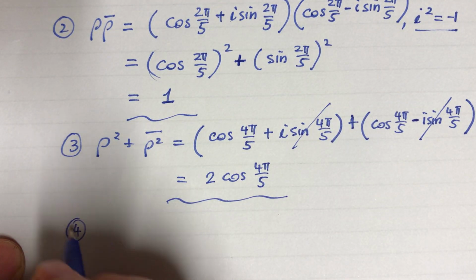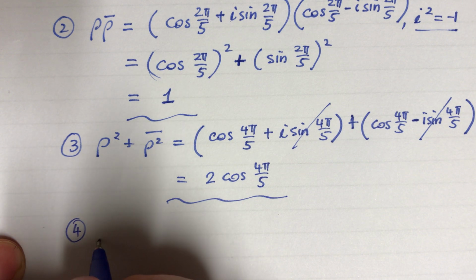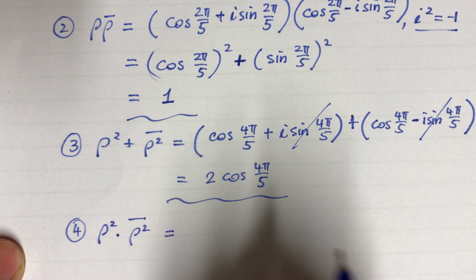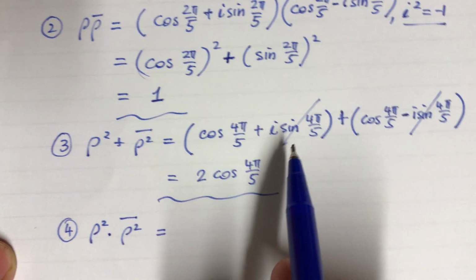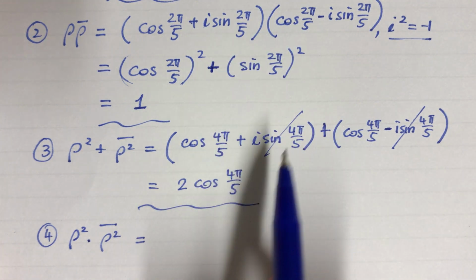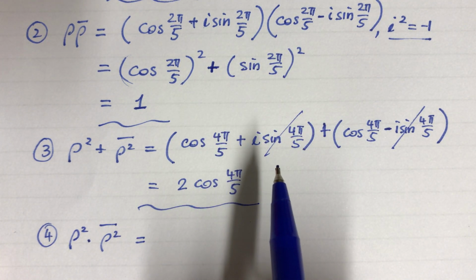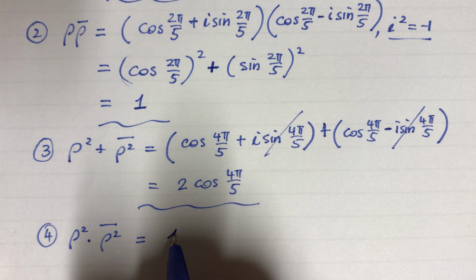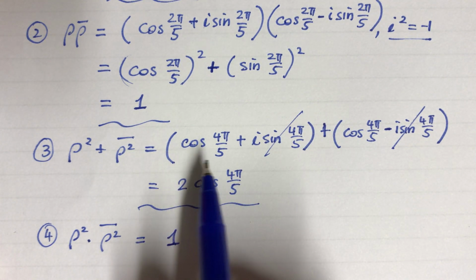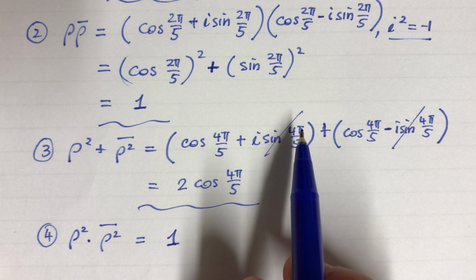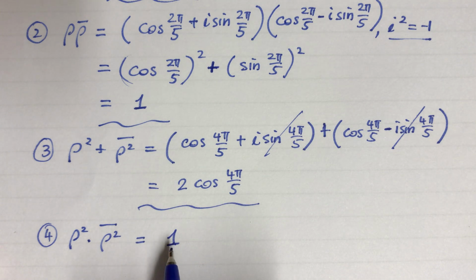And then the last bit of it is the product part. That will be a difference of two squares again up to here, and then we will get the first trig identity, which will be just 1, because it'll be cos squared 4 pi over 5 plus sine squared 4 pi over 5, so it'll be just 1.